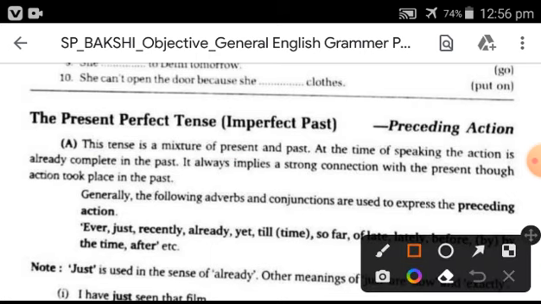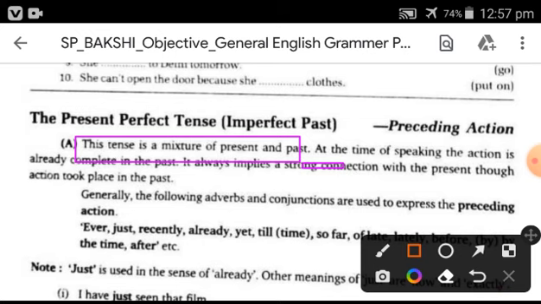This tense is a mixture of present and past. What does it mean? Let us try to understand it with an example.